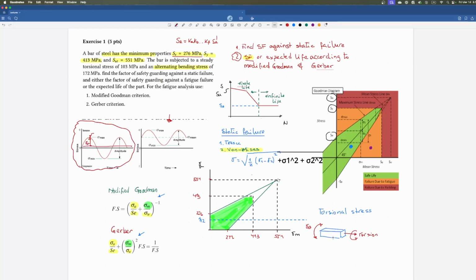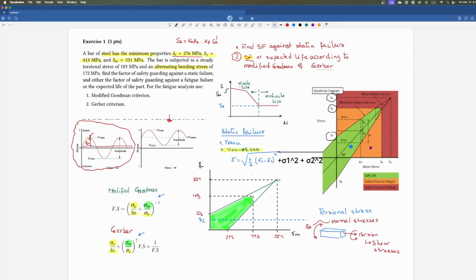So we know that bending stresses create normal stresses, or axial stresses, however you want to call it, normal stresses here. And torsion creates shear stresses. So then, what is a torsional stress? It's a stress created by torsion, and that's a shear stress. As simple as that.